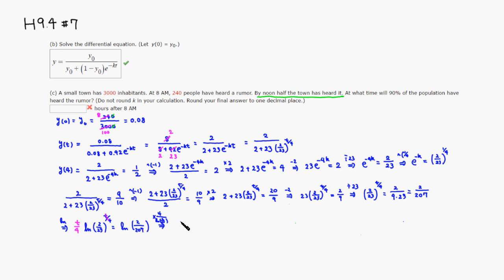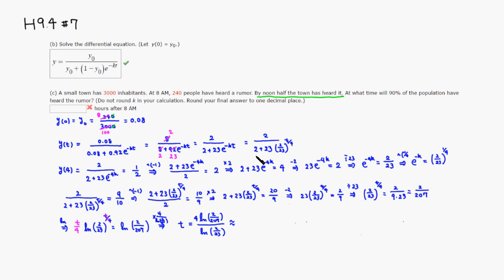Then you have t, which is equal to natural log of 2 over 207, multiplied by 4, over natural log of 2 over 23.